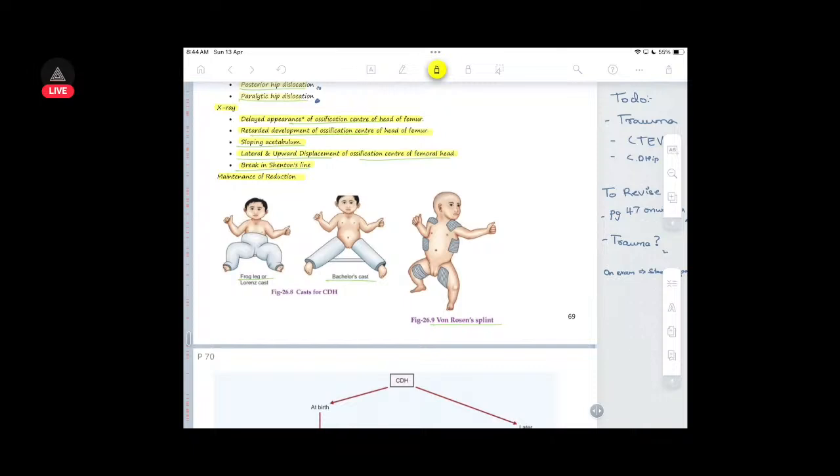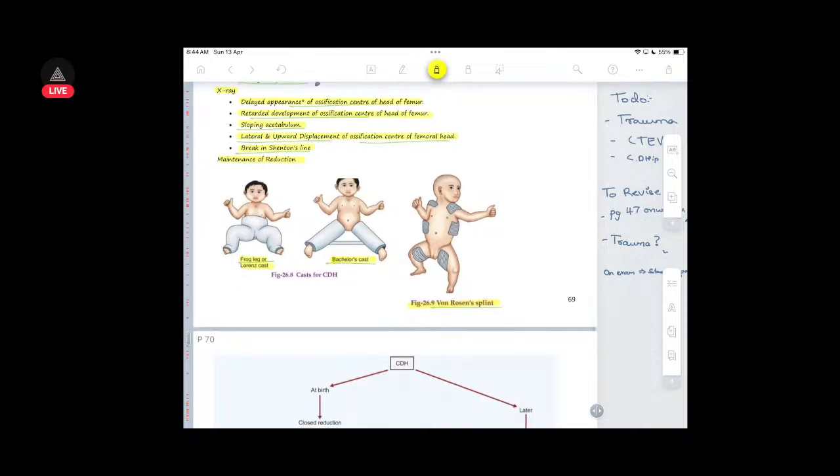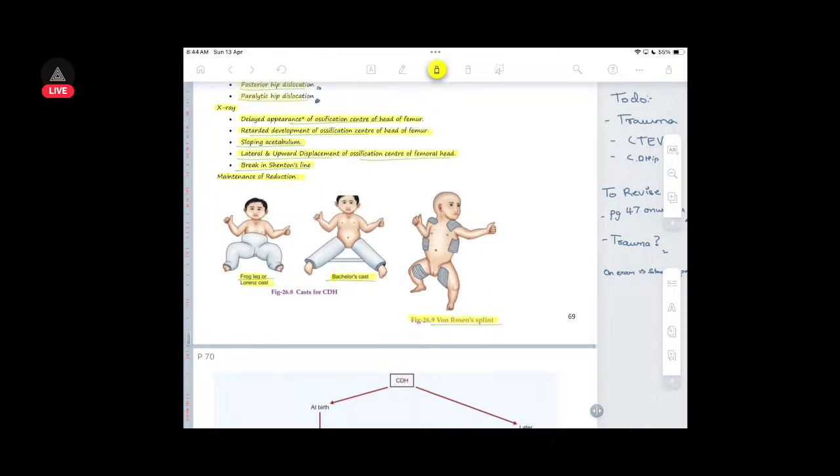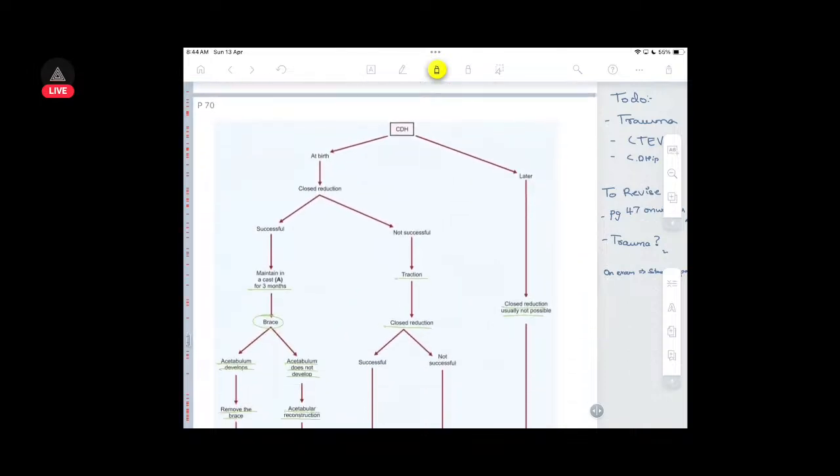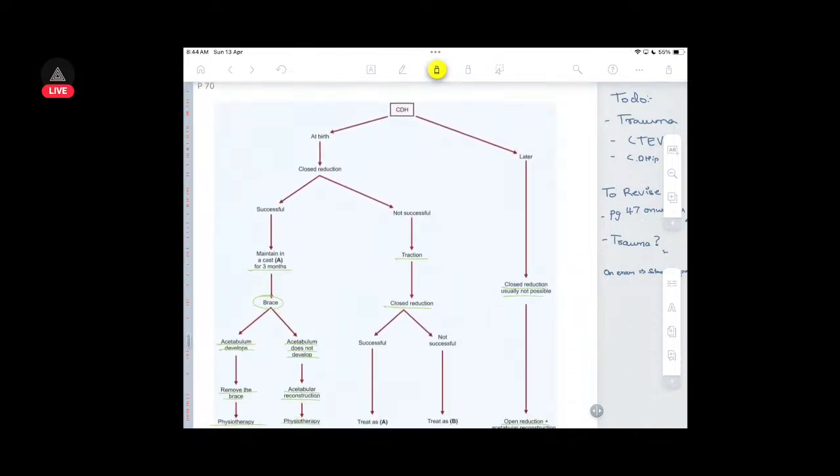Methods of reduction: you have frog leg or Lorenz cast, Batchelor's cast, and Rosen's splint. Congenital dislocation of hip can come at birth or after a few years.